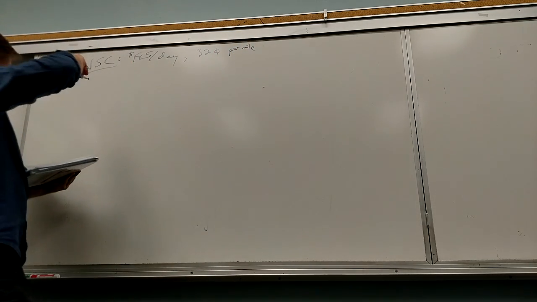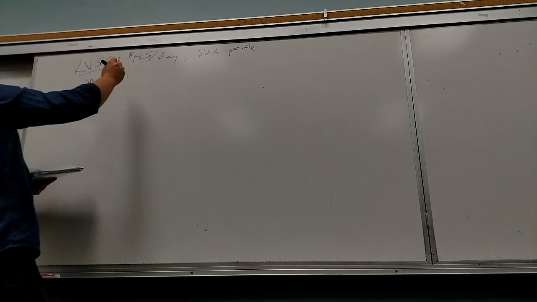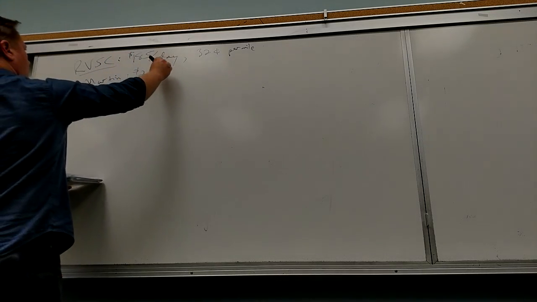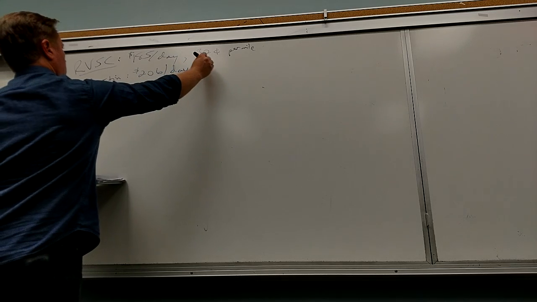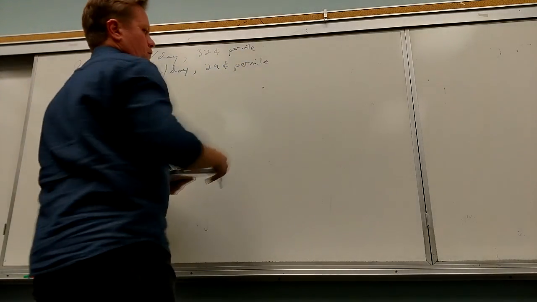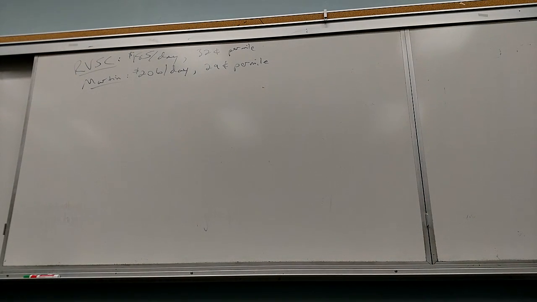And then the other place, Martin RV, $206 a day, 29 cents per mile. So on the surface of it, if you weren't going to drive very far, which one would you go with?